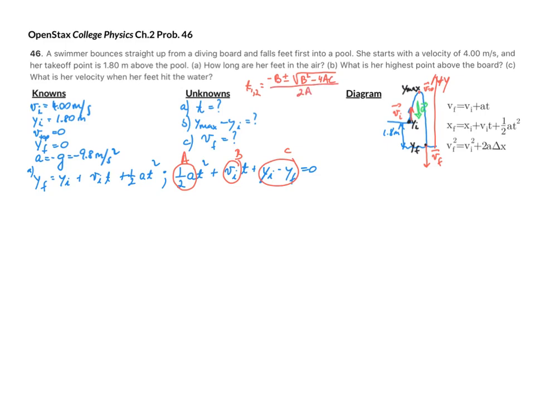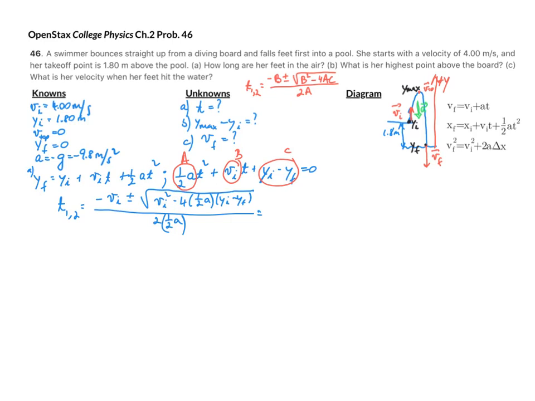So let's apply that to our problem. So we have t1, 2 is negative b. So that's negative v initial plus or minus square root of v initial quantity squared minus 4 times a, which is 1/2 a, times c, which is y initial minus y final. And we have to divide this by 2a, so that's 2 times 1/2 a. All right, let's plug in the numbers.